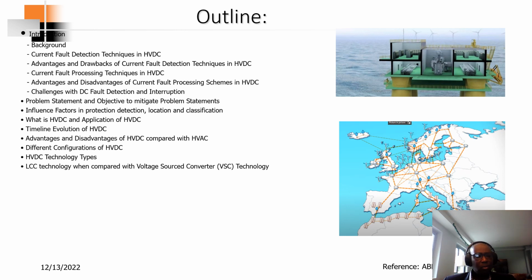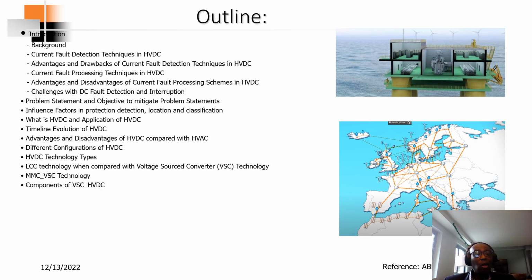As you know, we have two types of high voltage DC technologies, that is LCC and the voltage source converter. Then we'll talk about the modular multi-level converter voltage source converter technology, and that is basically the focus of this presentation.